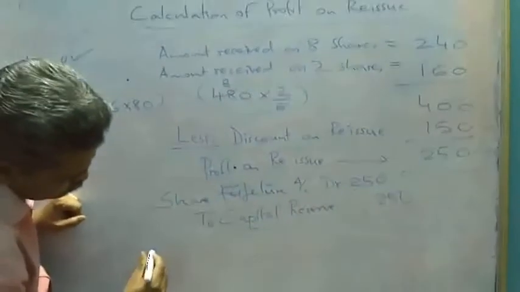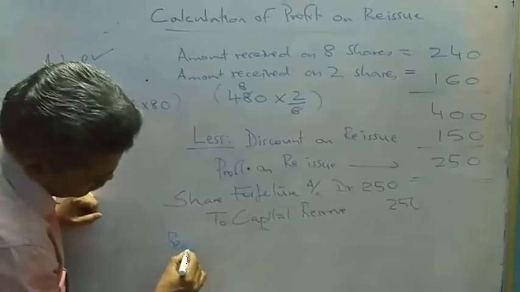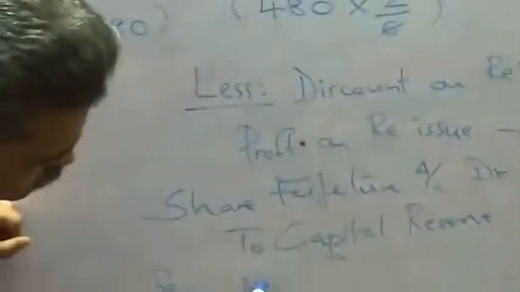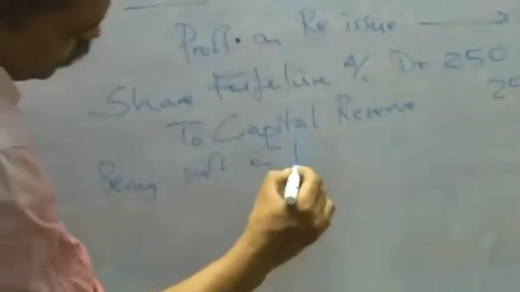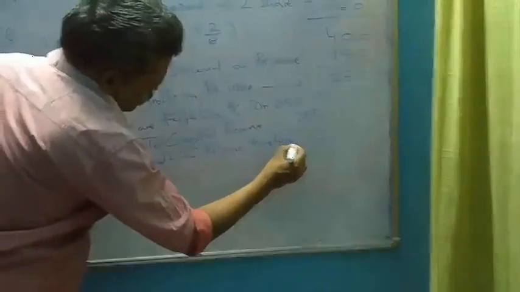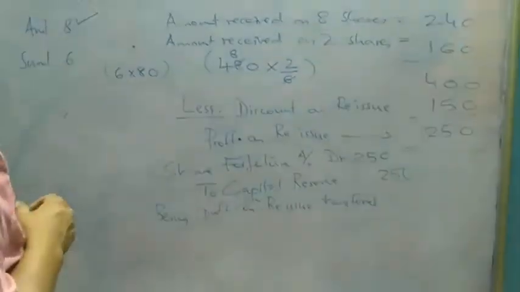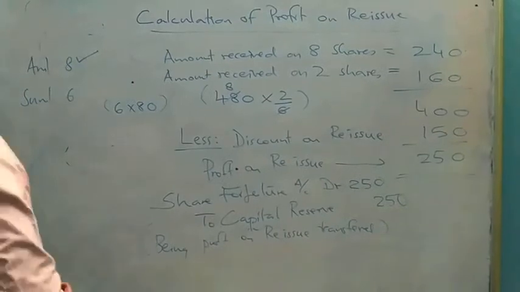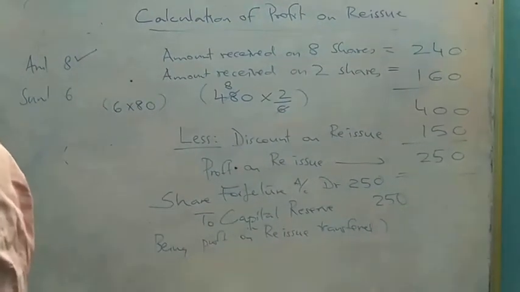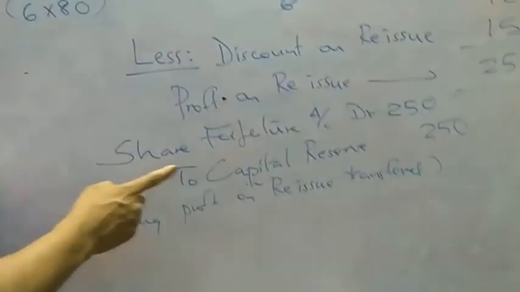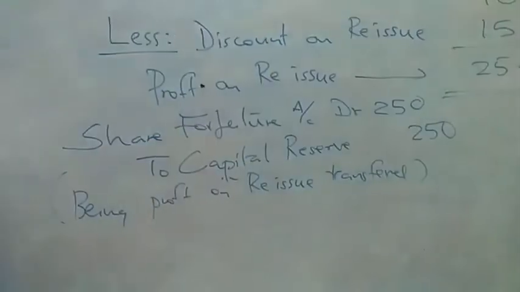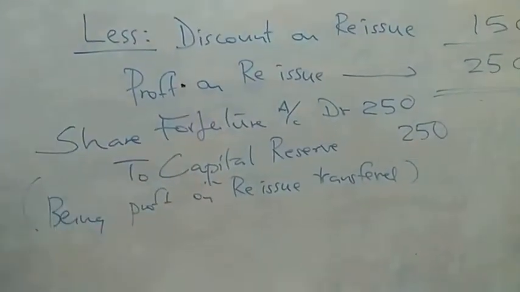Narration being profit on reissue transferred. So this is the journal entry part. We complete the entries. Share forfeiture account debit 250 rupees to capital reserve account 250 rupees.